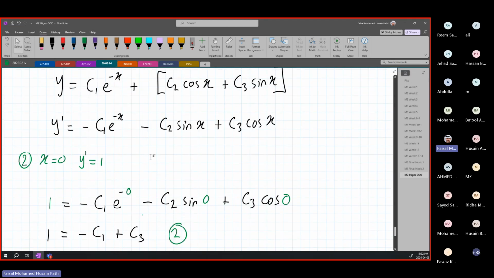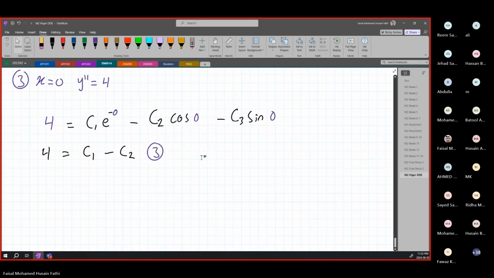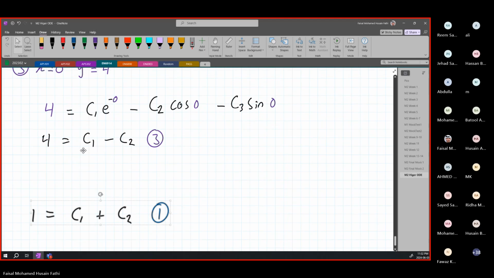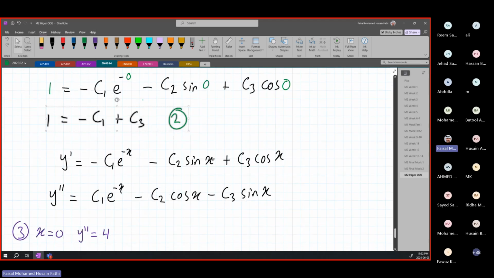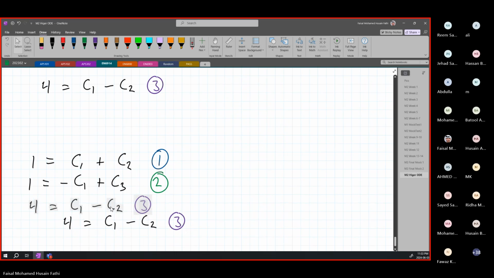So now if we look at all of our equations, we have equation 1, equation 2, and equation 3 over here. So we have 3 equations and 3 unknowns.